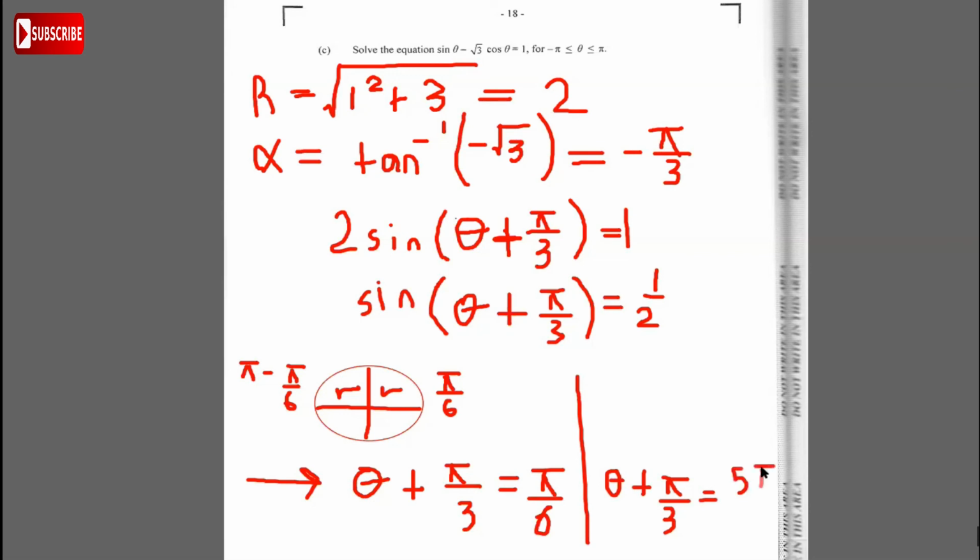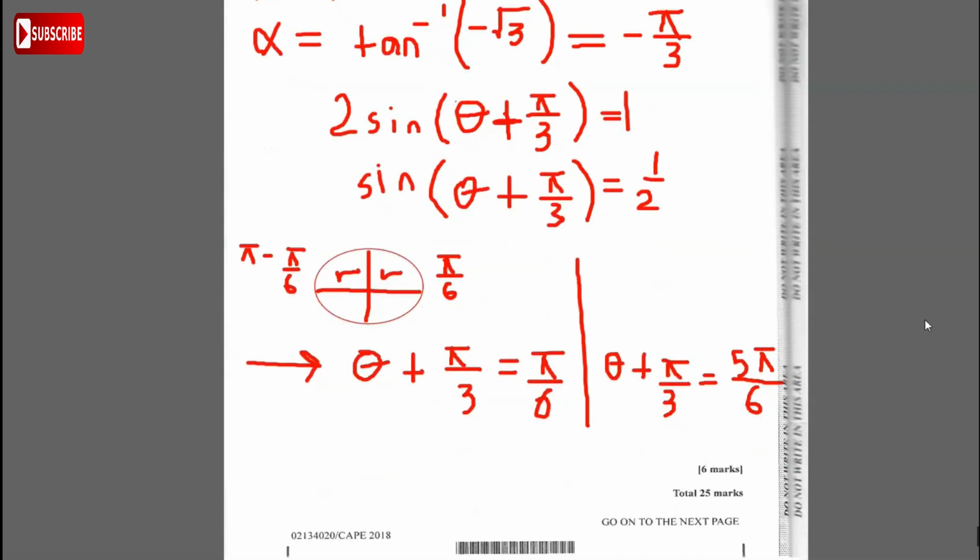That's what we're getting. So moving right along, all we need to do now is subtract pi by 3 from both sides. And so we're going to get theta is equal to pi by 6 minus pi by 3.